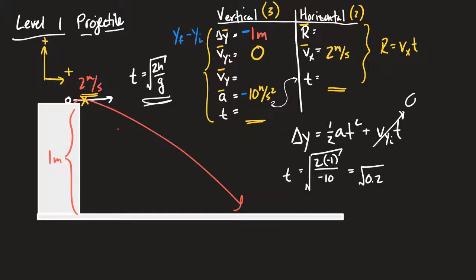Our number's going to get bigger when we take the square root. So I would try and think of a number that when you square it gets you 20. Can you think of a number that when you square it gets you 20? What number would get you close to 20 when you square it? Yeah, what's 4 squared? What's 5 squared? So I'm thinking that my answer is going to be either 0.4 or 0.5. It's got to be between those two.